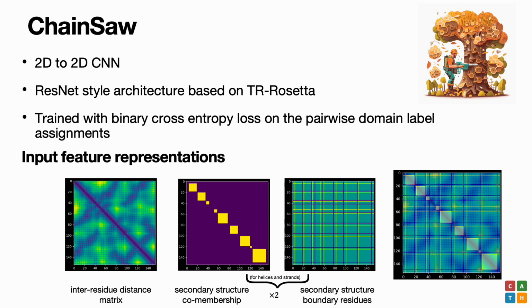Chainsaw is a 2D to 2D CNN with a ResNet style architecture based on Rosetta. We take different input features, including an inter-residue distance matrix, a secondary structure co-membership Pearson matrix, and secondary structure boundary residues, and we combine all this information as the input features for the model.